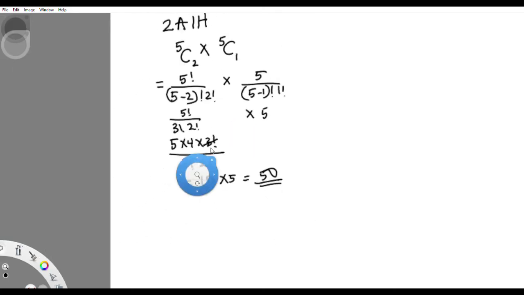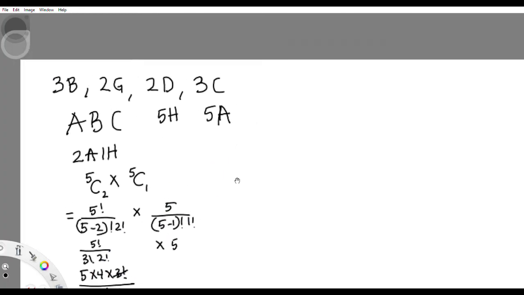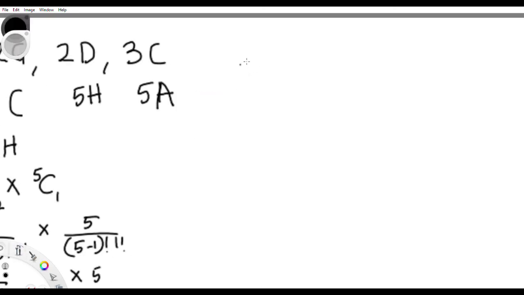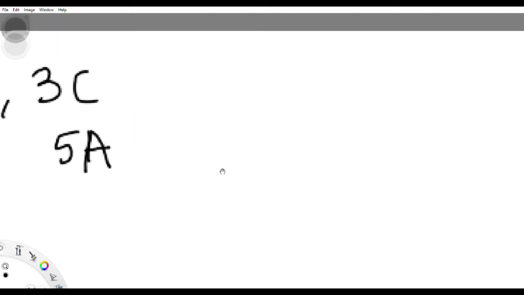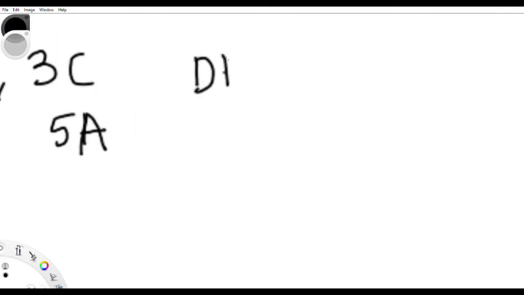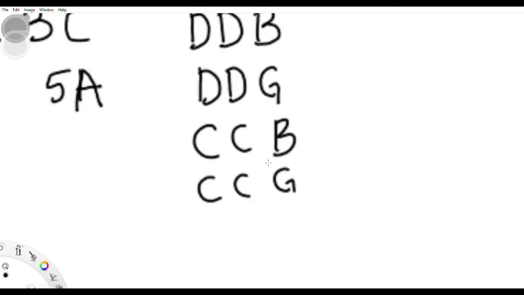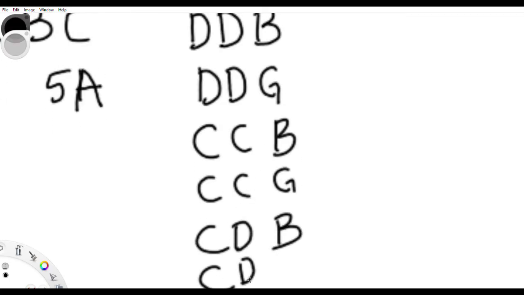The other way to solve it is when you pick them one after the other. That's, you can pick more animals than humans. It can be two dogs and a boy, two dogs and a girl, two cats and a boy, two cats and a girl, or it can be a cat and a dog with a boy, a cat and a dog with a girl.